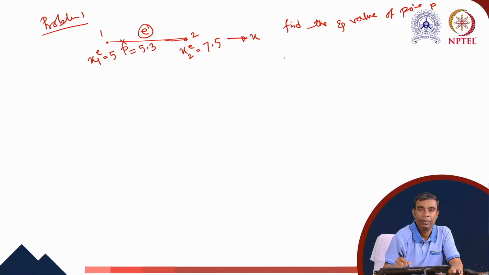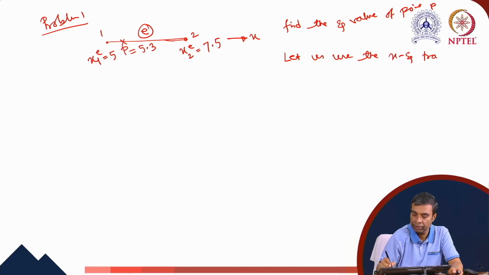Now let us use the x-xi transformation formula: x equals xm plus delta x by 2 into xi.